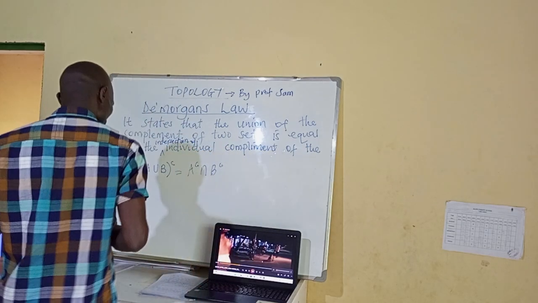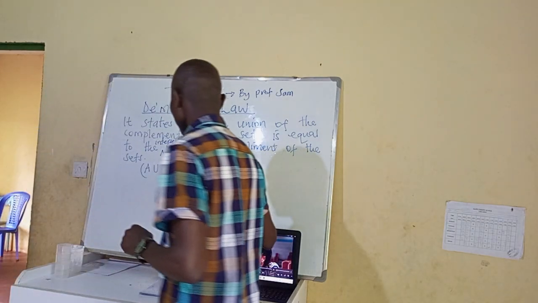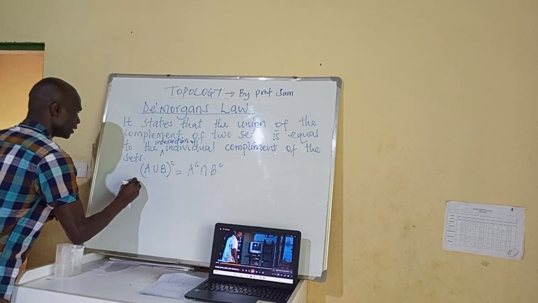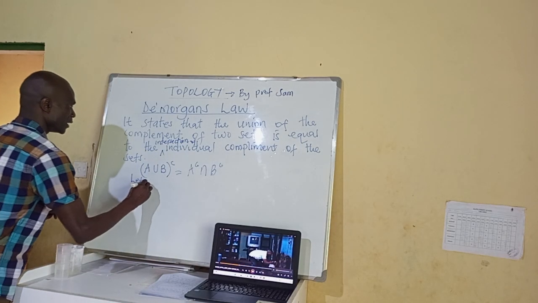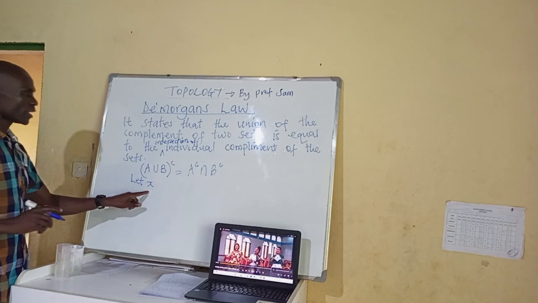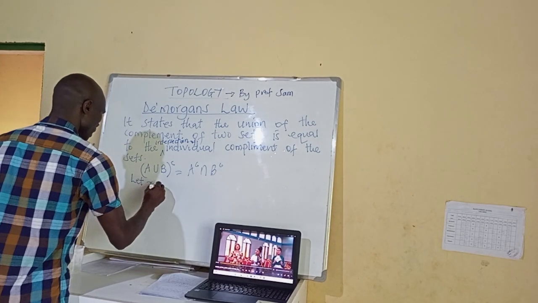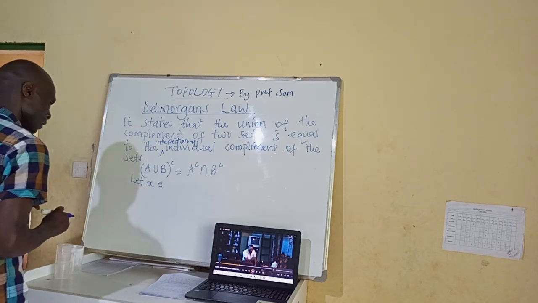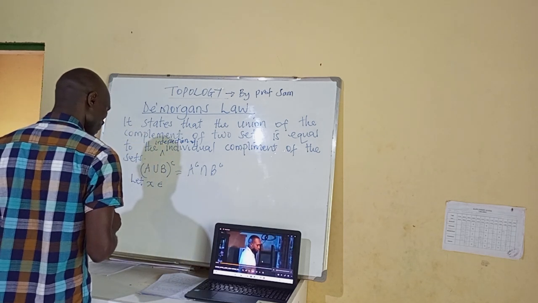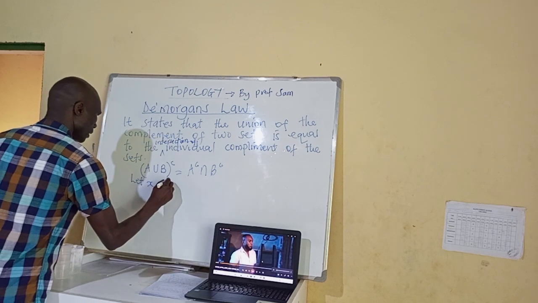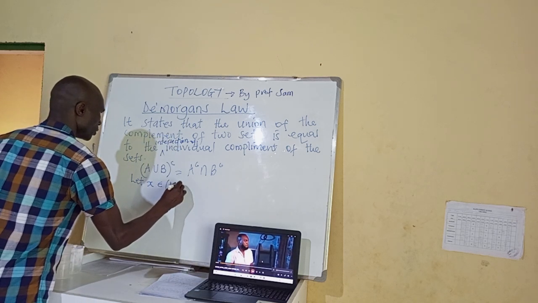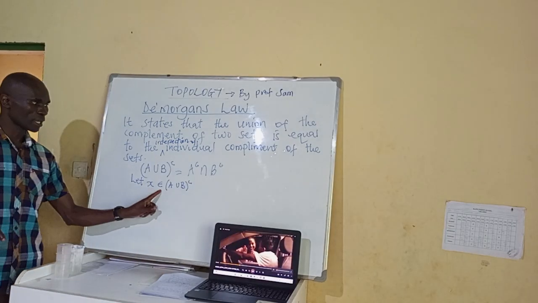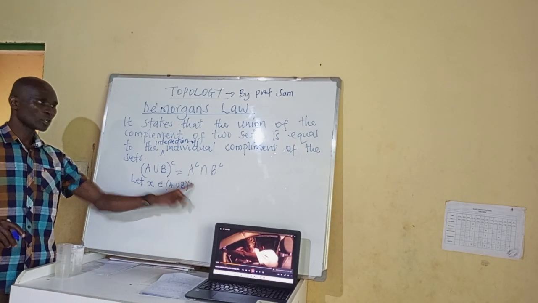So here we shall let x be an element of A union B complement. Let x be an element of A union B complement.